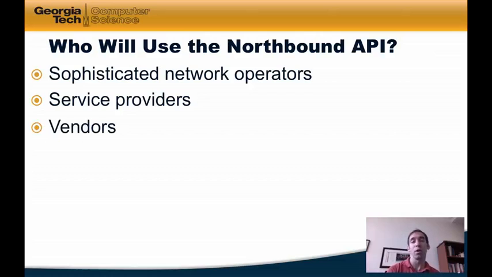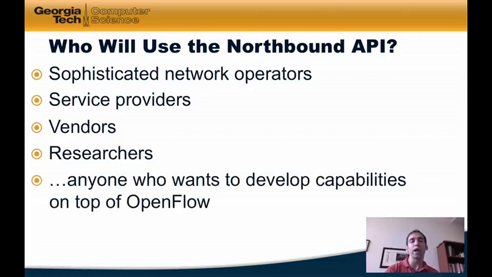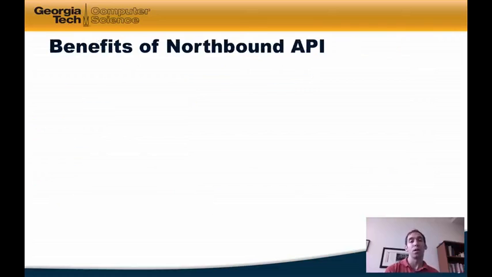Vendors might also package applications and services that sit on top of a particular switch or controller that are developed using a Northbound API. Researchers are also actively trying to develop new Northbound APIs that others can use. Really, anyone who wants to develop capabilities on top of a southbound API like OpenFlow could be using the Northbound API.